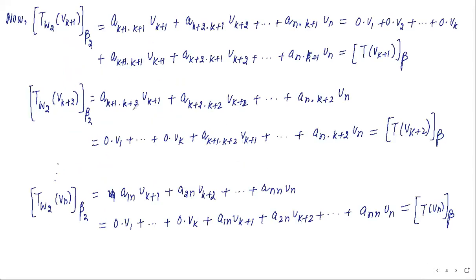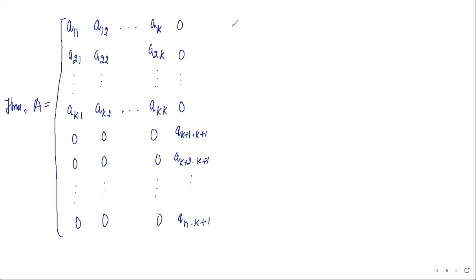Similarly, the coordinate vector of T of v_{k+2} has first k coordinates equal to 0, and the remaining are in this way. So this column is 0, 0, so on, 0, then a_{k+1,k+2}, a_{k+2,k+2}, and so on, a_{n,k+2}.